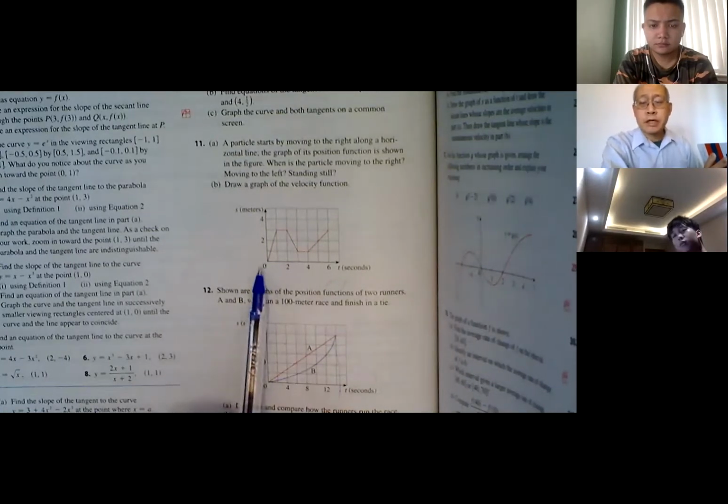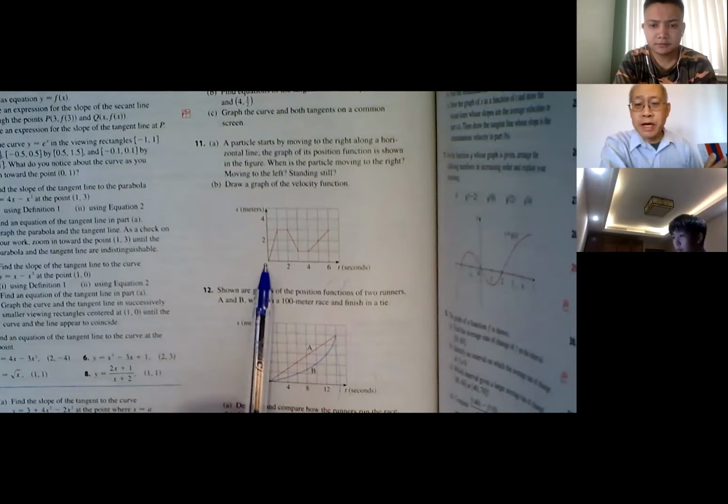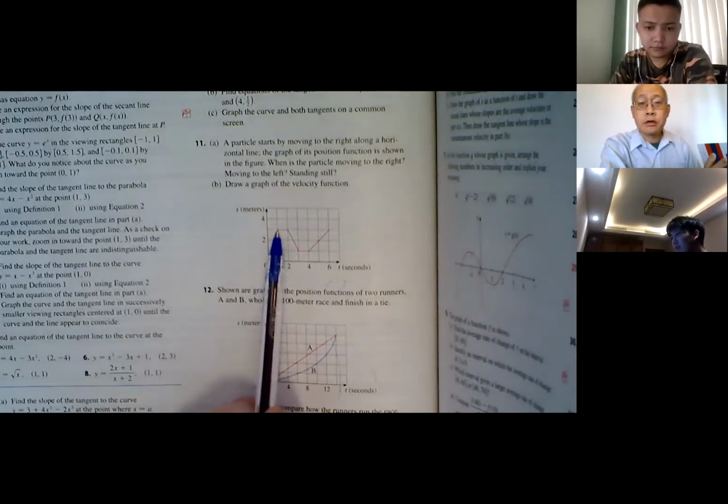Okay, let's think in terms of distance that we are away from home. So when the experiment begins, you haven't gone anywhere, obviously, so you're at 0. After 1 second, you're 3 meters to the right. Between 1 and 2 seconds, you're still 3 meters, which tells you you're standing still.